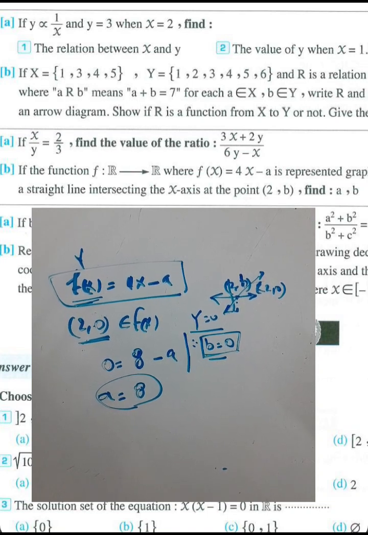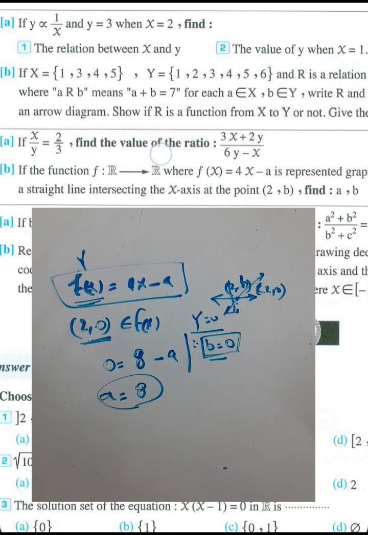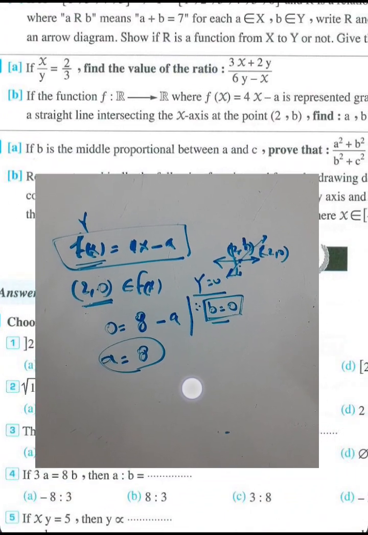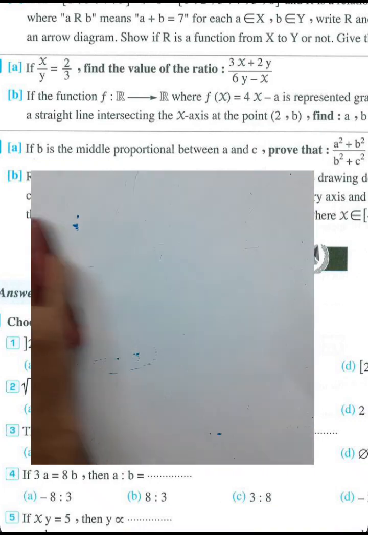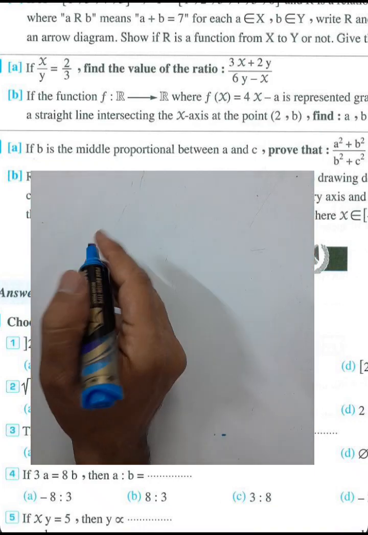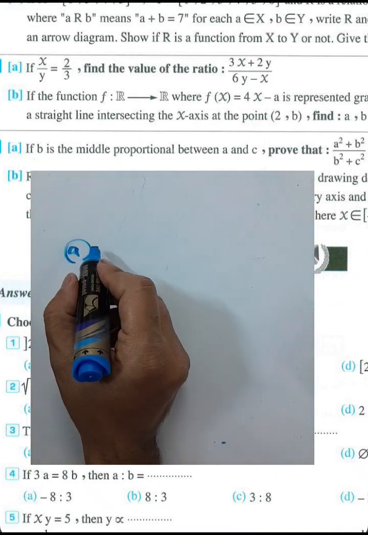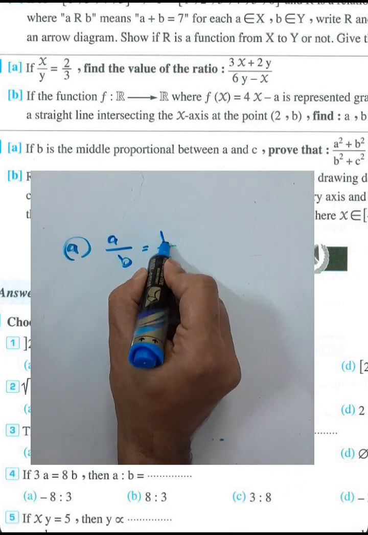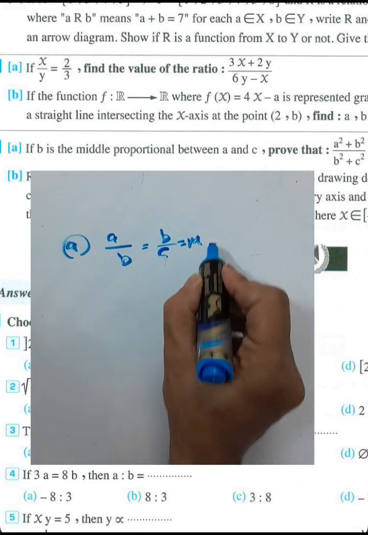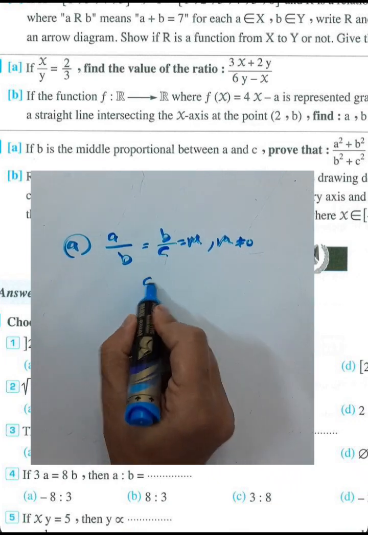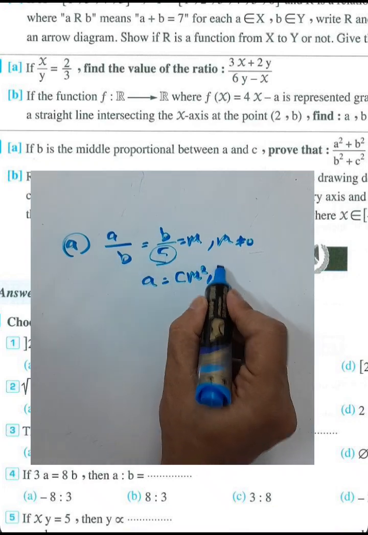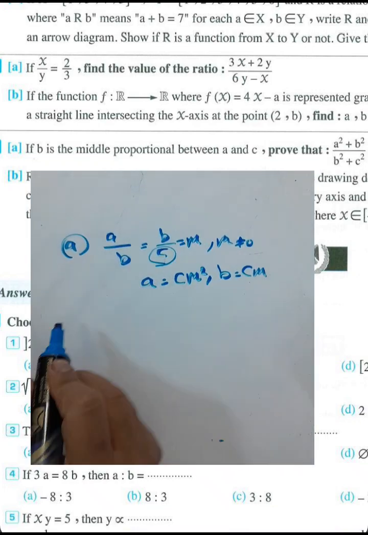Number 5, letter E. If b is the middle proportional between a and c, we can write a, b in the middle, and c, and write the constant m, where m is not equal 0. Then a will be equal cm squared and b was equal cm.